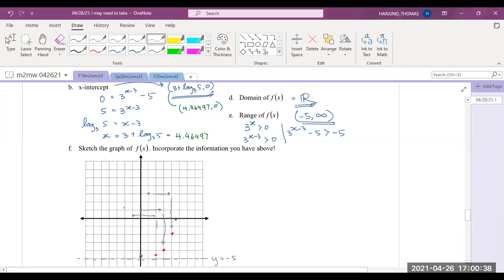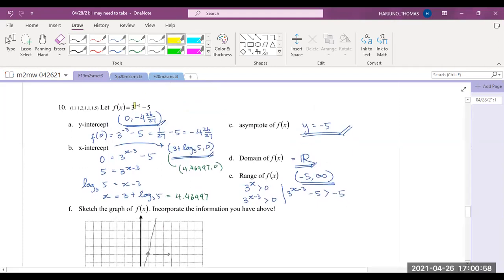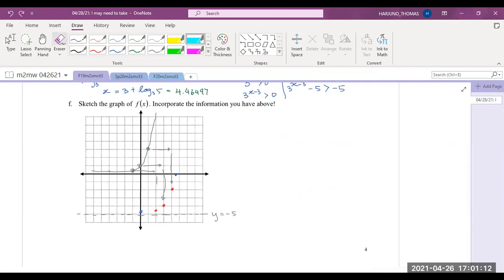So we start from these 3 important coordinates, 3 to the x, right? That's our 3 to the x. That's what it looks like. Now then take the 3 important coordinates, move them to the right 3 units and 5 units down. Because that's the transformation for this. Replacing x by x minus 3, that's 3 units to the right. And subtracting 5, that's 5 units down. Okay, so from this original 3 to the x, you get 3 important coordinates.